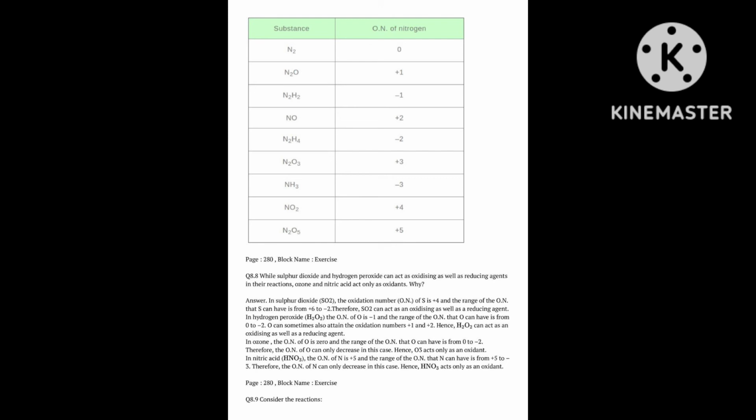Now step 3 and step 4 are very important. In step 3, calculate the increase and decrease of oxidation number and make the increase equal to the decrease. Then you can check atom-wise balance.